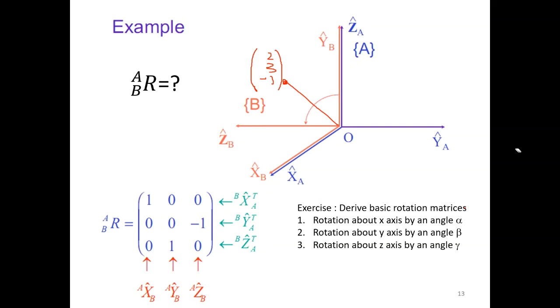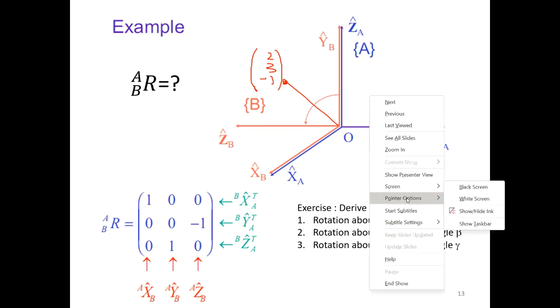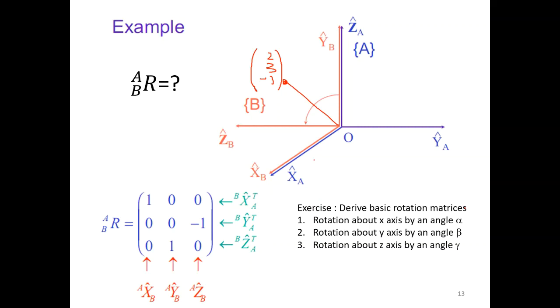This is a simple rotation of frame B around the x-axis of frame A, by 90 degrees. So you can see it over here, right?